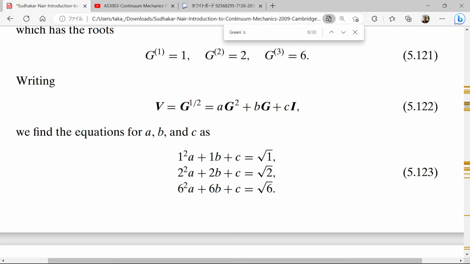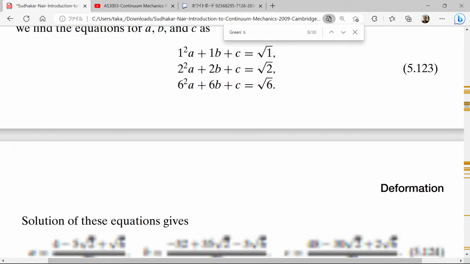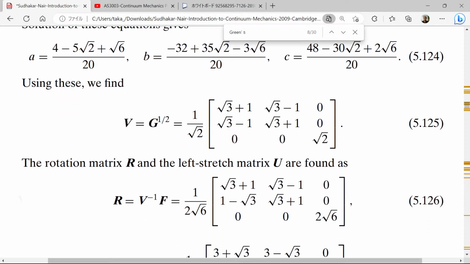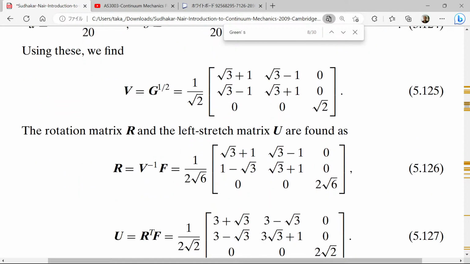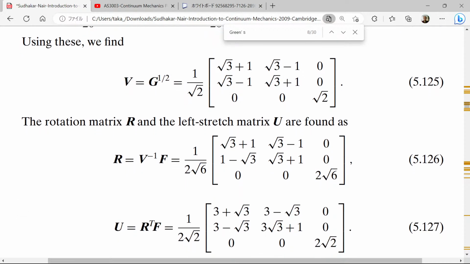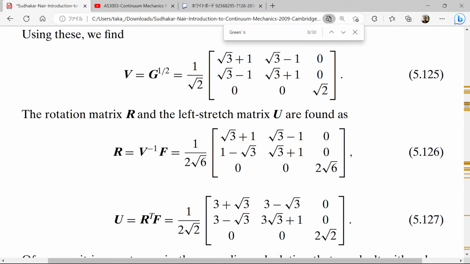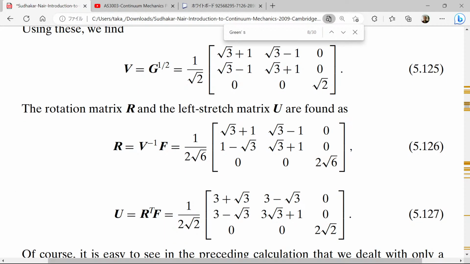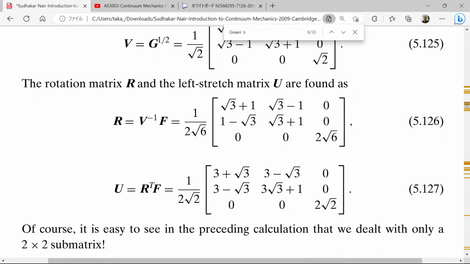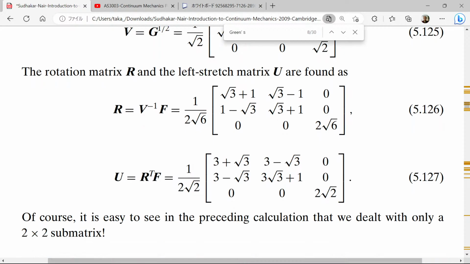You have A, B, C solution, so you have V. So the rotation matrix R and the left stretch matrix, you have found R equal V inverse F, is something like this. U is R transpose F.